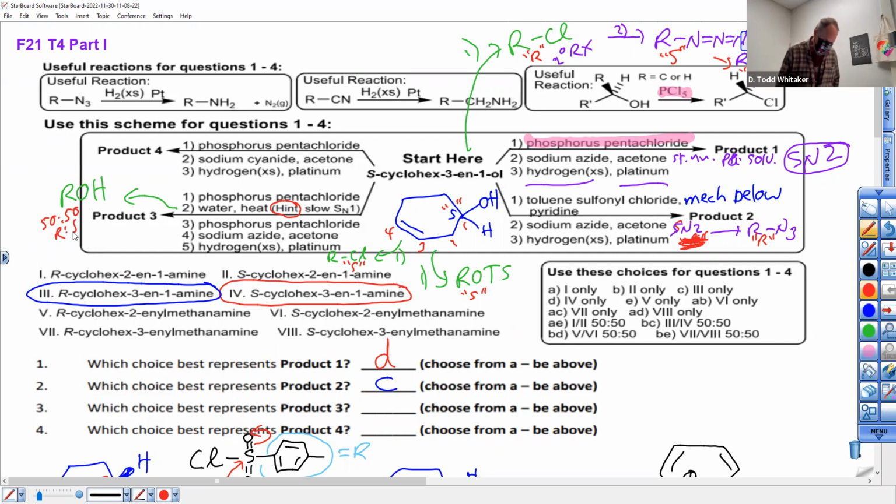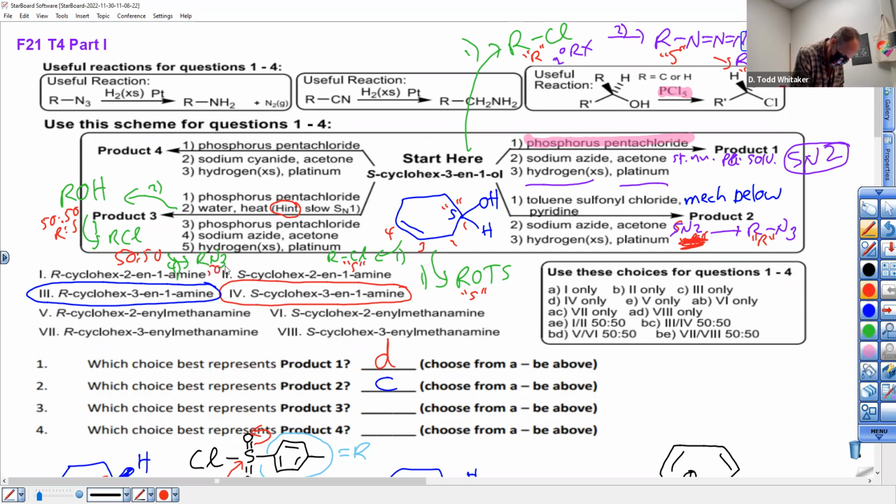And then phosphorus pentachloride is going to give a 50-50 mix of, this was step 2. Step 3, RCl, 50-50. And then step 4, 50-50 R-azide, RN3, 50-50. I think you're getting the idea.